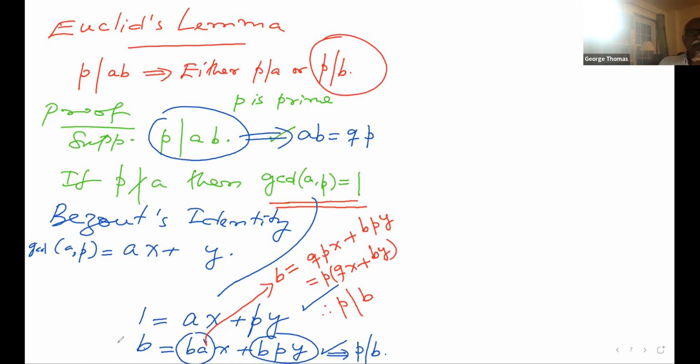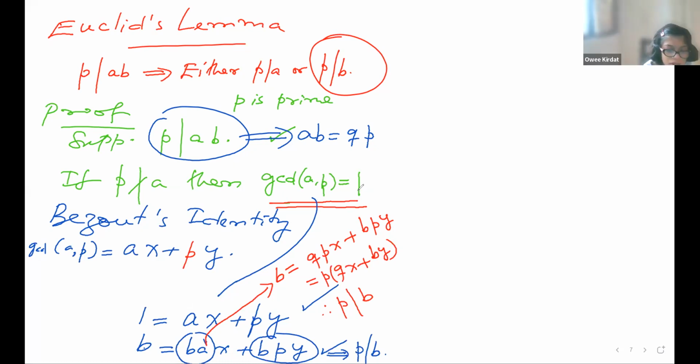One question. Sir, why did you cancel that B, like Bezout's identity after that first line? The GCD of A and P is equal to AX plus PY. Oh, here I should put it back. You see, the GCD of A and P is 1, not A and B. Follow?